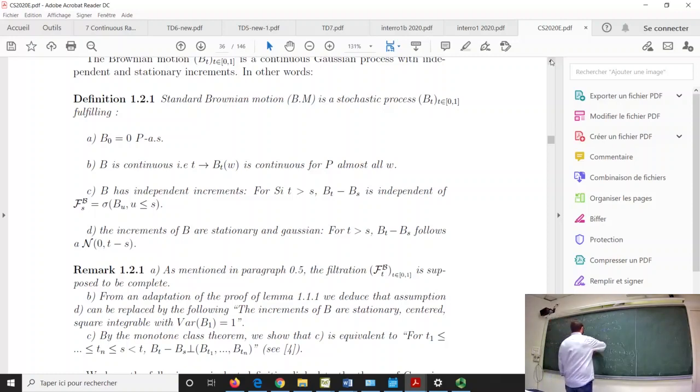So I erase, and I prove the converse. I need to prove that the 4 statements in the definition are okay. So B0 is equal to 0.